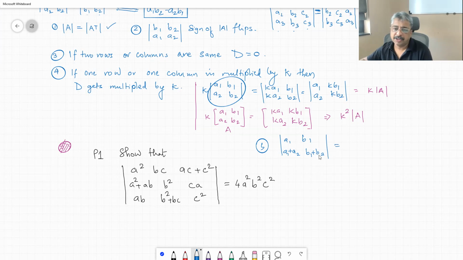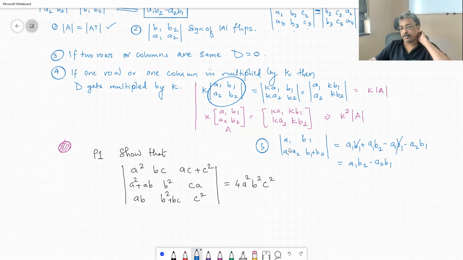Let us check how much this determinant is. a1 times (b1 plus b2) minus a1 b1 minus a2 b1, that is a1 b1 plus a1 b2 minus a1 b1 minus a2 b1. So we end up getting exactly the same answer, a1 b2 minus a2 b1.